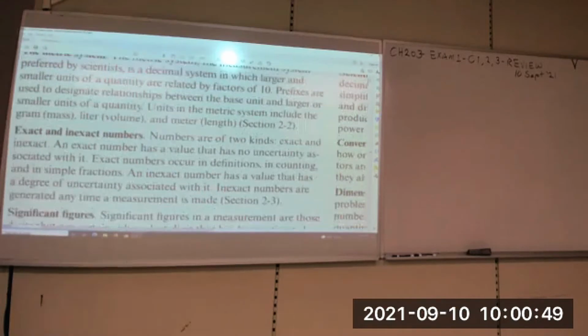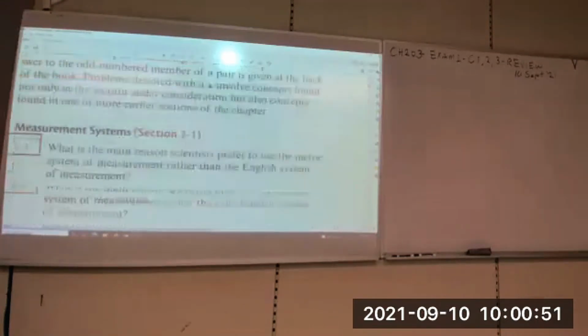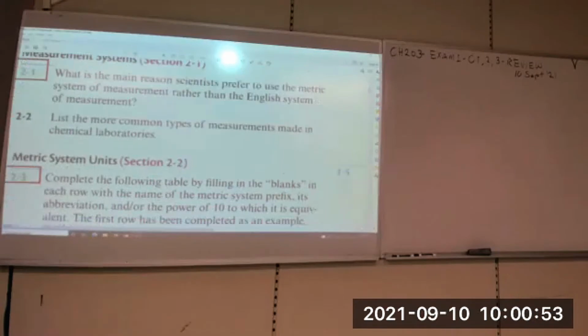Okay, chapter 2. Let's see, here we go. I'll be able to knock some of these out pretty quick. What's the main reason scientists prefer to use the metric system of measurement rather than the English system? One word, decimal. The decimal system allows you to make unit changes much, much easier.